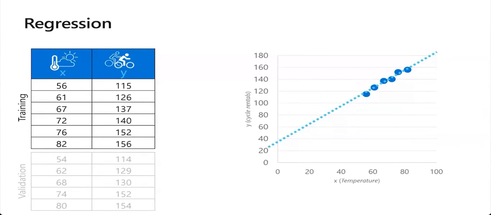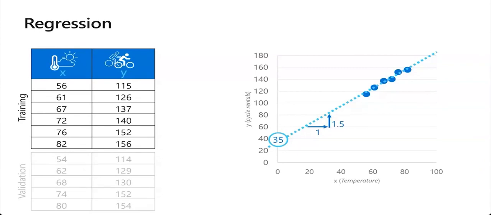The point where the line intersects the vertical axis is around 35, and the slope of the line looks to be around, for every 1 increase in temperature, about 1.5 more bike rentals. Looks about right. So I have 35 as a baseline, and the slope is 1.5.